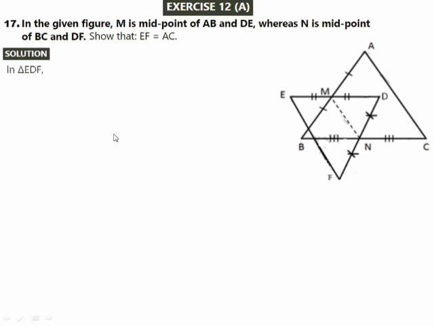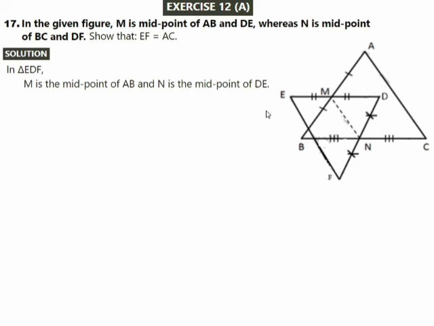So let's see. Now in triangle EDF, so basically they are talking about this particular triangle. Okay, now you know that M is the midpoint, right? I'm sorry, in triangle EDF, M is the midpoint of DE, okay, not AB, this is DE, and N is the midpoint of DF, not DE.